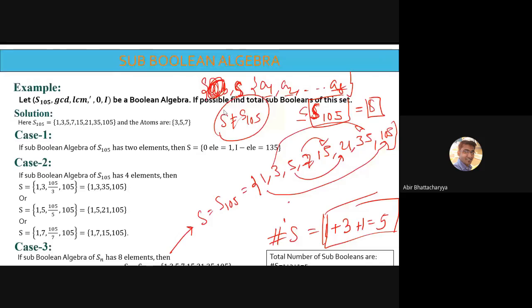Is it possible to find some other set which is not equal to S105 under this condition? Please write down on the chat box. Not possible. So that's why S becomes only S105. So in the third case, there is only one possibility, that is S105. Hope it is clear to all of you.